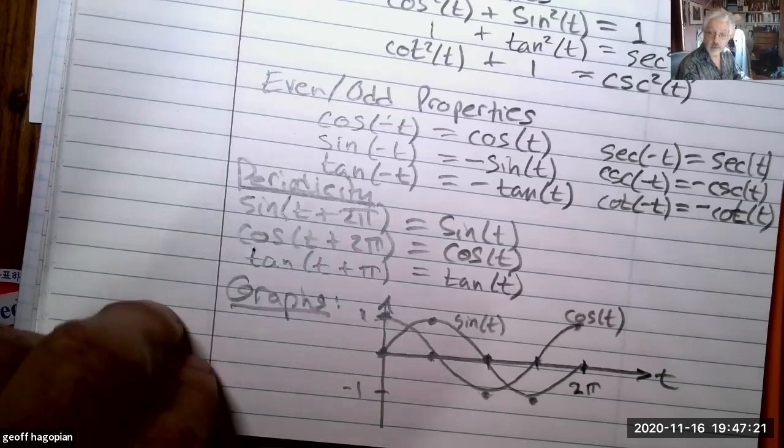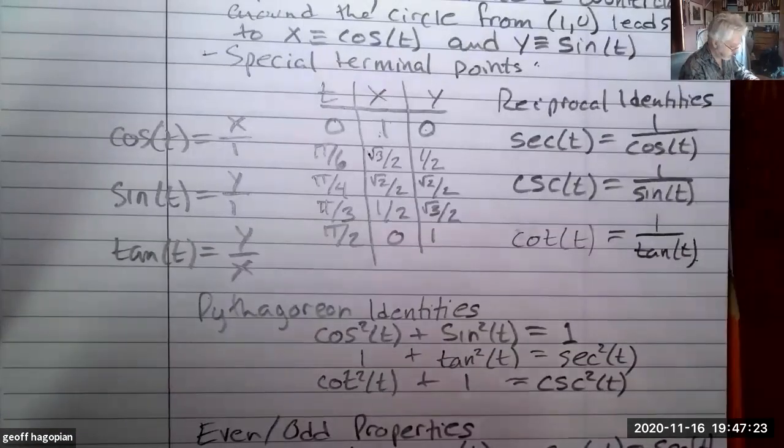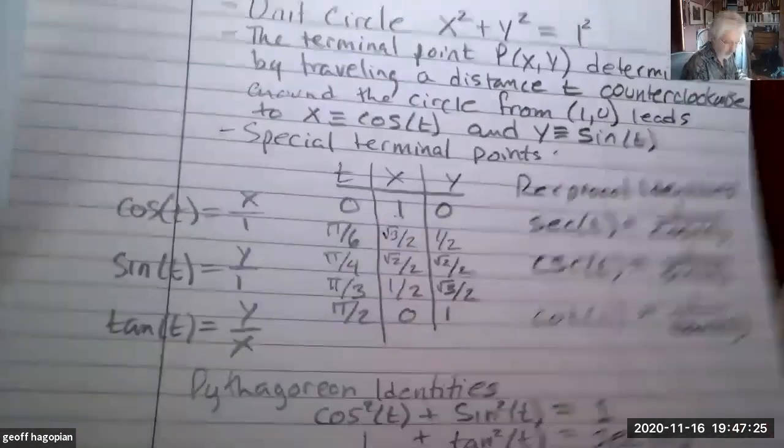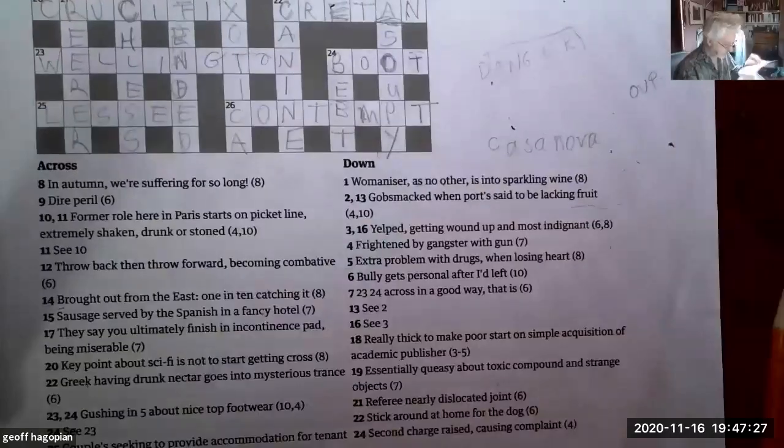So we have a quick look at the unit circle here, which we see over and over again in here. Let's make it big so we can really see it. And there's a lot to see in here, right?